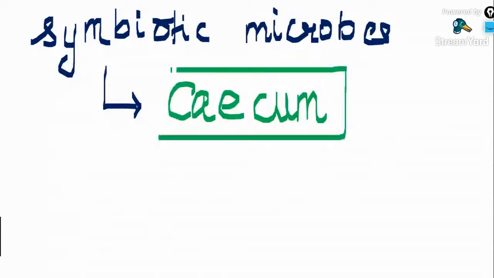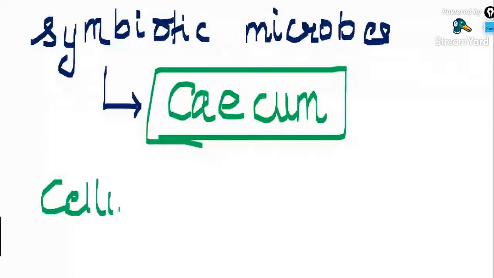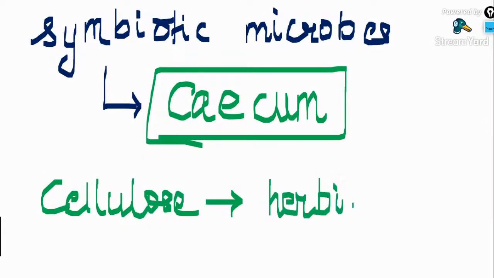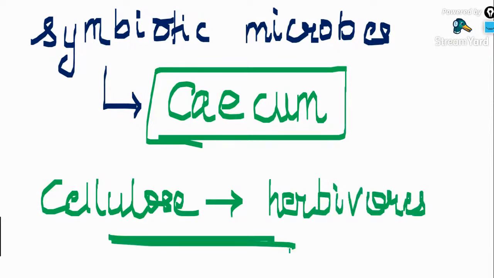Because the cecum helps in the digestion of cellulose in herbivores. Please do write, this is a previous year question. In herbivores or grass-eating organisms, it helps in the digestion of cellulose. Guys, what is the organ that actually forms from the cecum?